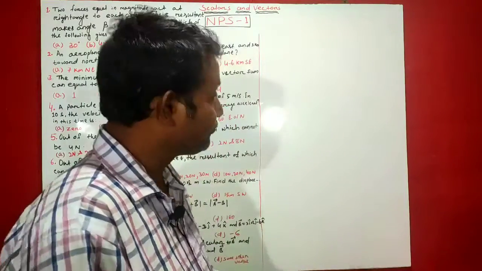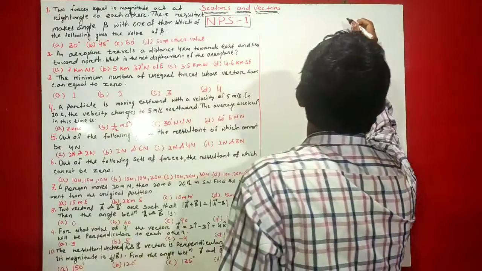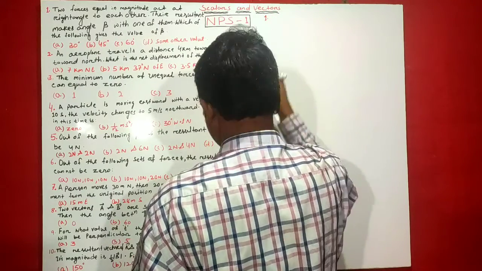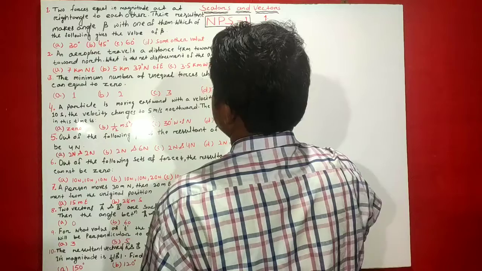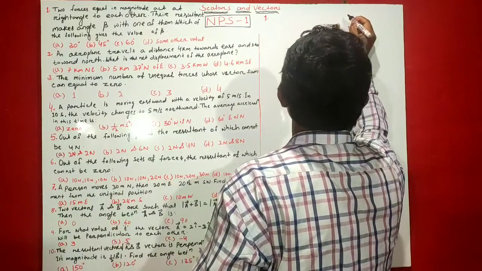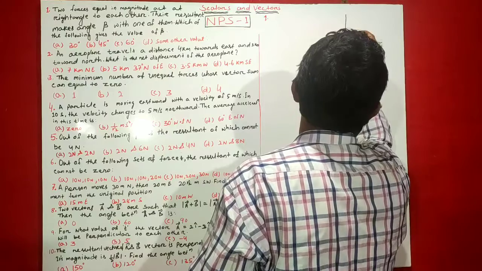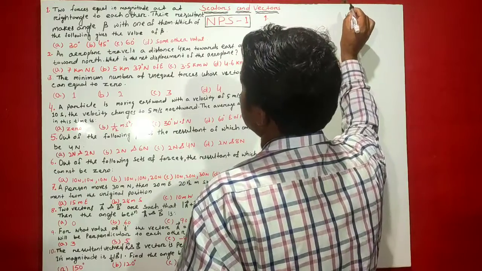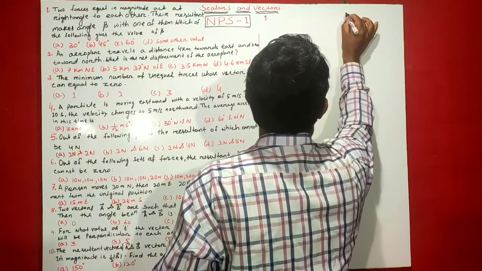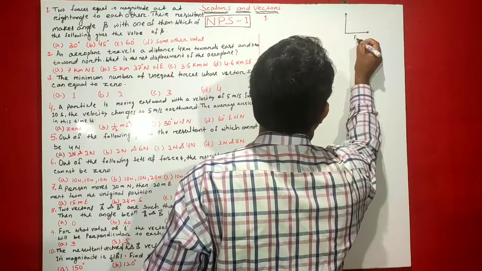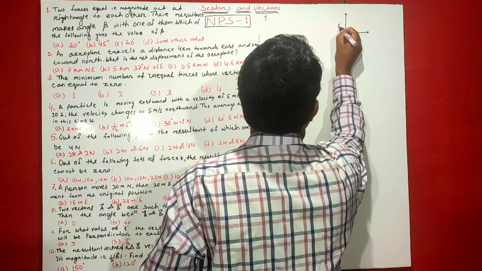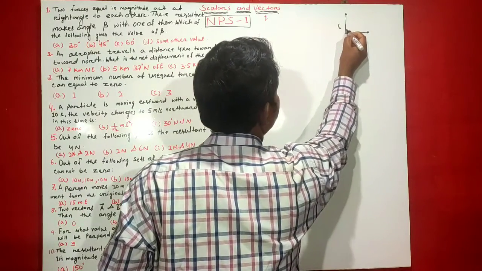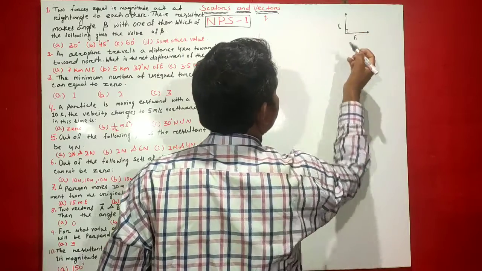Let me draw. This is question number 1. Two forces of equal magnitude. Let this be the F1 force and this the F2 force. They are at 90 degrees, or perpendicular, to each other.